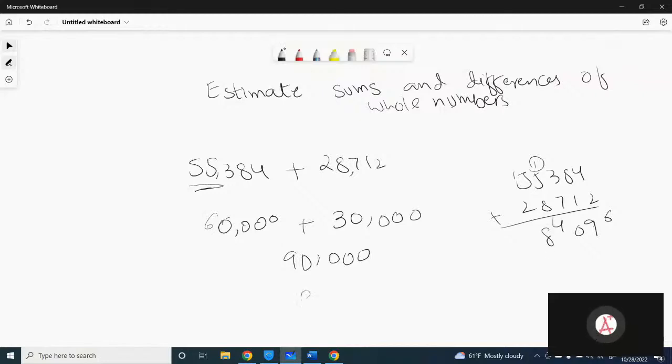That means the exact sum is 84,096. That is the exact sum, and 90,000 is the estimated value. Got it? Okay, let's start with another example.